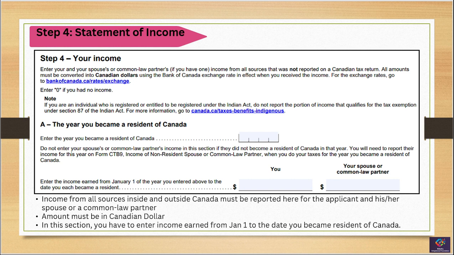Further, there are three subdivisions of this income information. Section A relates to the income you earned in the year you became a resident of Canada. This is the income from 1st January to the date when you became a resident. For instance, if somebody landed in Canada on 5th May 2023, they have to report the income earned from 1st January 2023 to 4th May 2023.